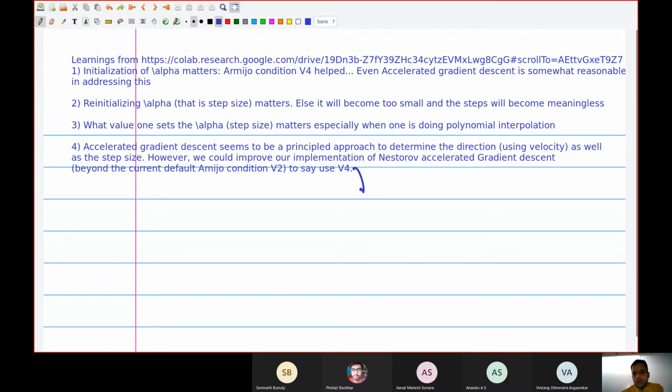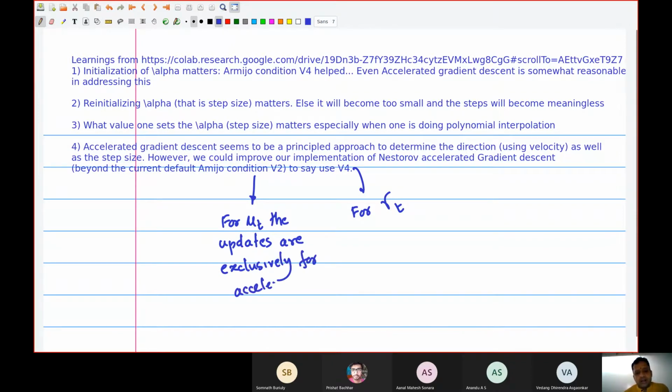You can use V4 for gamma T. For mu T, the updates are exclusively for accelerated gradient descent.